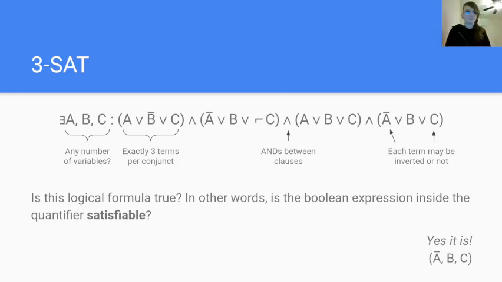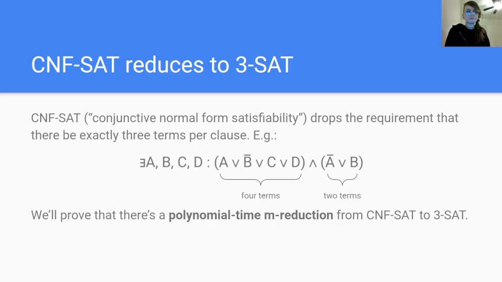Okay. This is 3 SAT. We're going to be reducing some things to 3 SAT, starting right now. CNF SAT, conjunctive normal form Boolean satisfiability, reduces to 3 Boolean satisfiability. It drops the requirement that there be exactly 3 terms per clause.